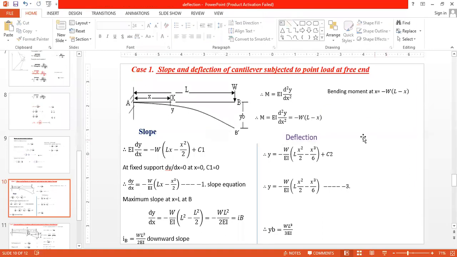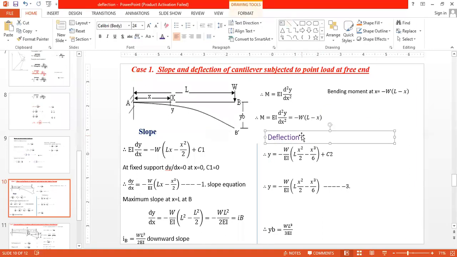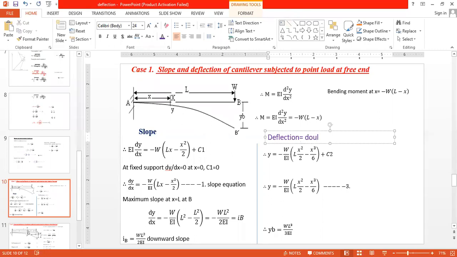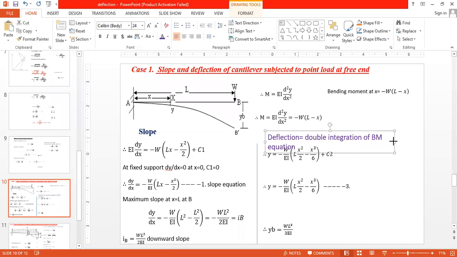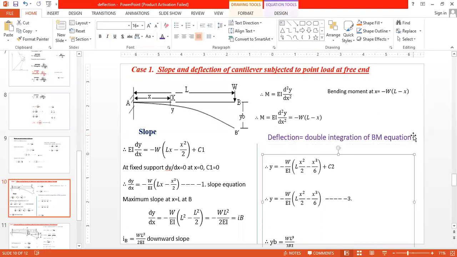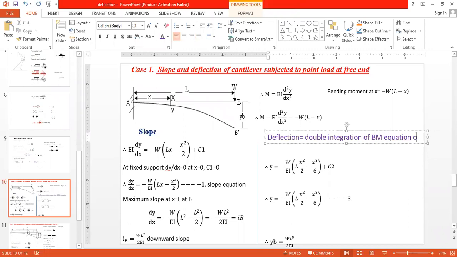Okay. Now deflection. It is double integration of the moment equation, or I will write, integration of the slope equation.